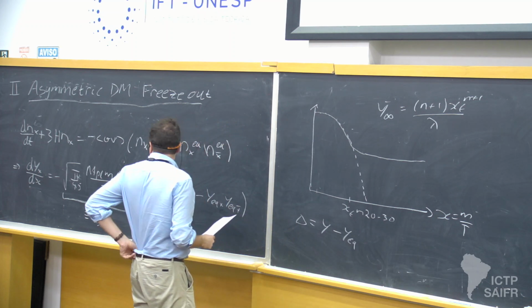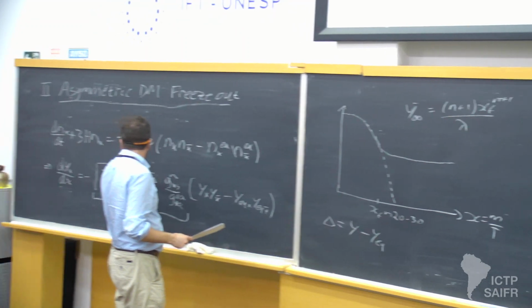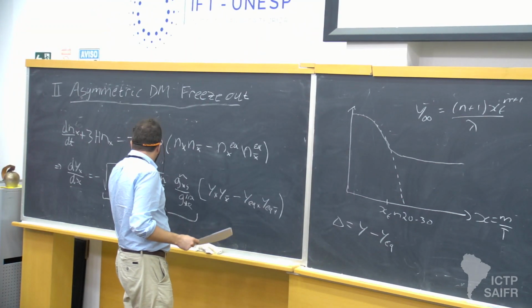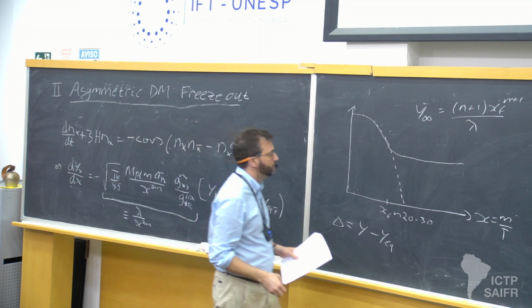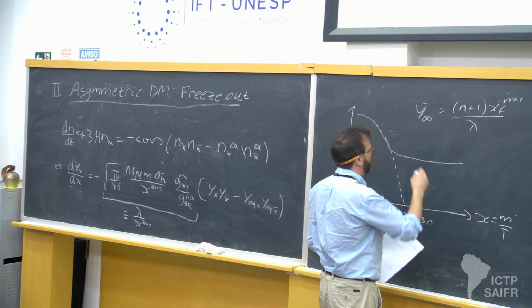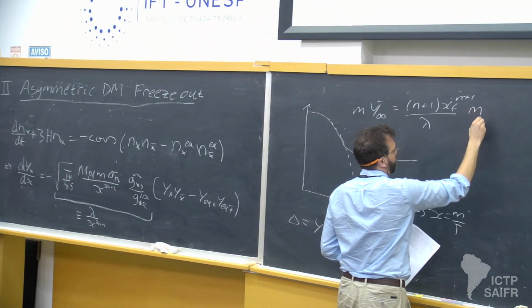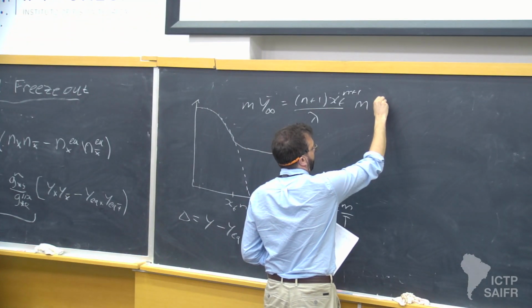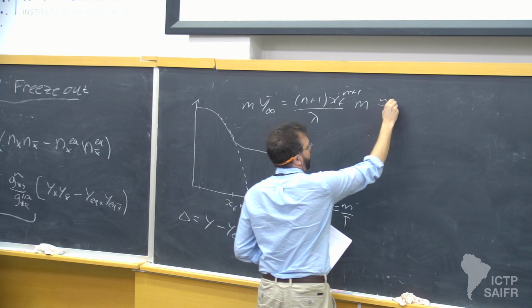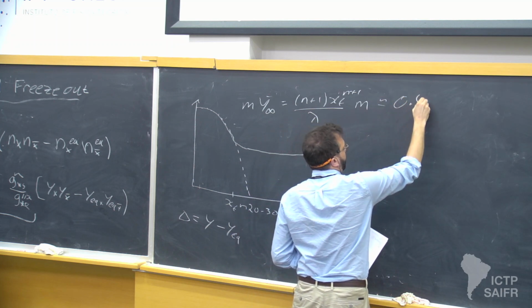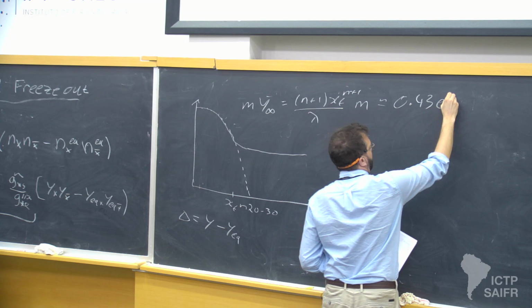And now lambda has this m dark matter in there. So to get the correct relic abundance, we needed this to be roughly 0.43 electron volts.